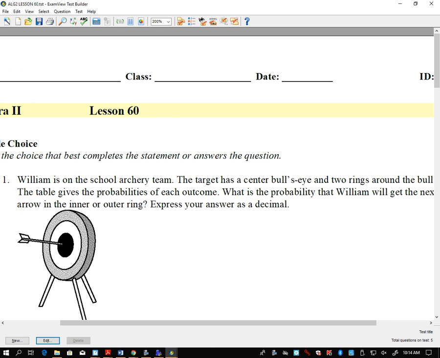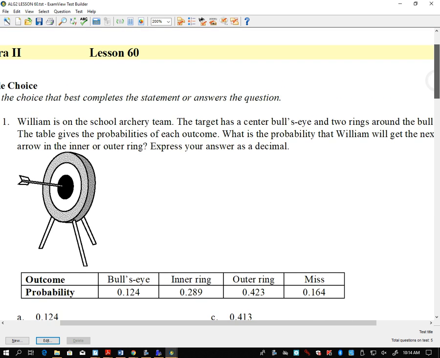Okay, William is on the school's archery team. The target has a center bullseye and 2 rings around the bullseye. The table gives the probability of each outcome. What is the probability that William will get the next arrow in the inner or outer ring?